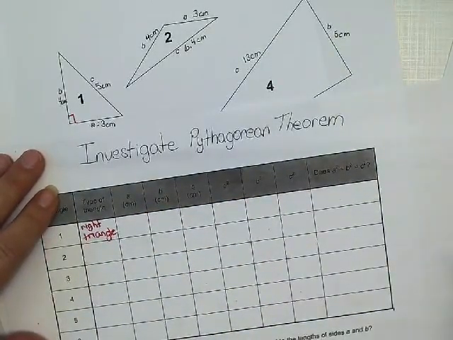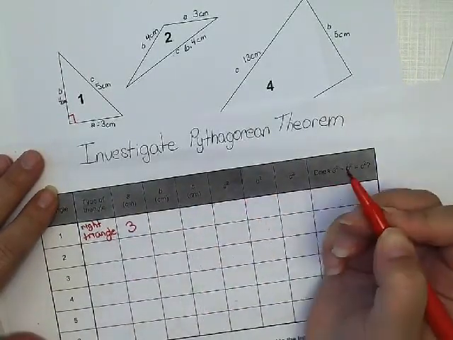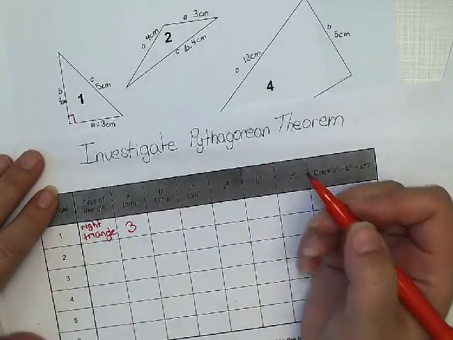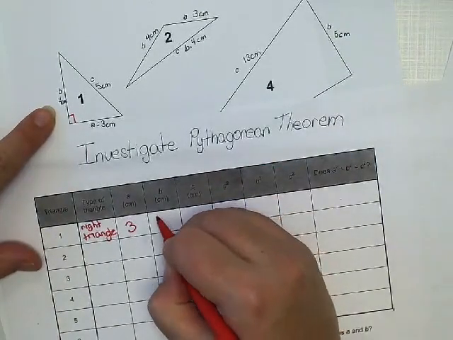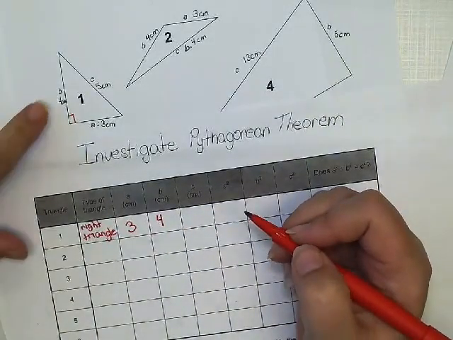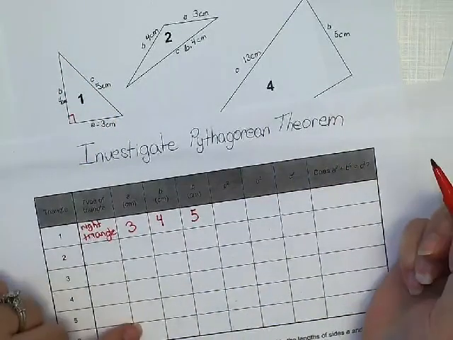Now it asks what is the length of A, so we're going to put 3. What is the length of B? We're going to put 4. And what is the length for C, the hypotenuse? We're going to put 5.